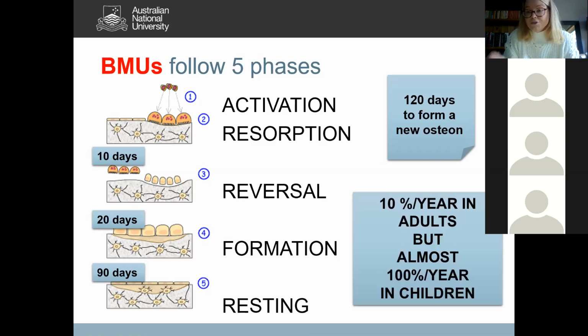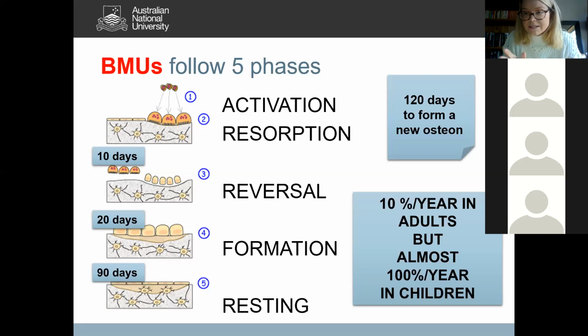Now, to illustrate how bone remodeling can vary in different individuals, the best example to give is the amount of bone that gets remodeled. What we typically discuss is, for adults, as I mentioned last week, our remodeling slows down massively as we age.